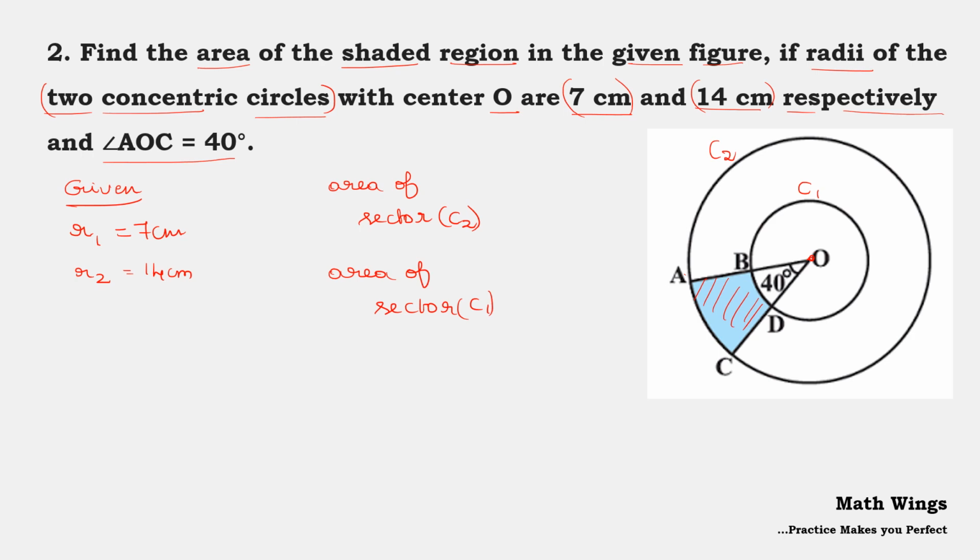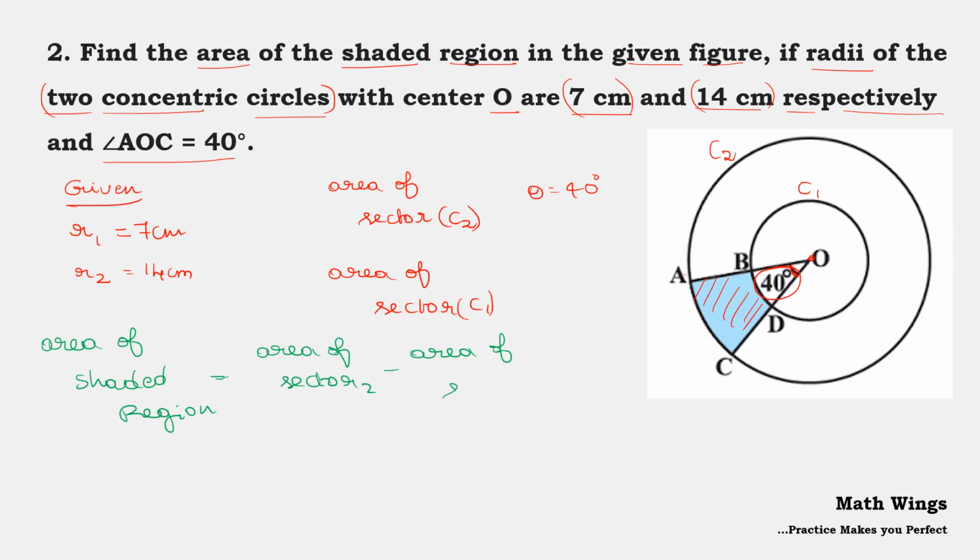Both the sectors have the central angle as 40 degree, that is, theta is equal to 40 degree here. So, how can we get the area of the shaded region? Area of shaded region is equal to area of sector 2 minus area of sector 1.